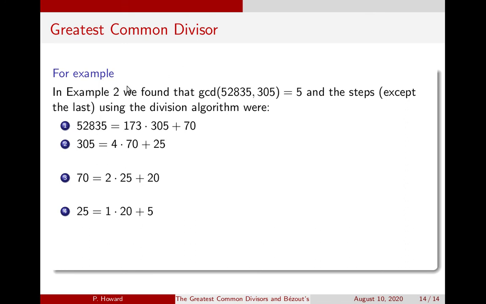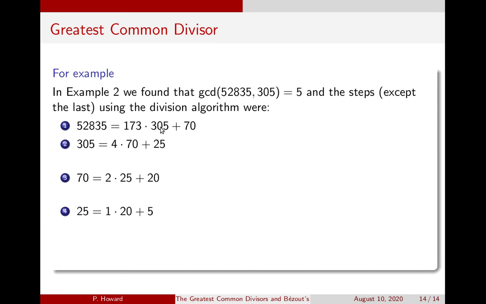So in example 2, we found that the greatest common divisor of 52,835 and 305 is 5. And here I've written down the steps that we went through to find that greatest common divisor. We first divided 52,835 by 305, got a quotient of 173 and a remainder of 70.